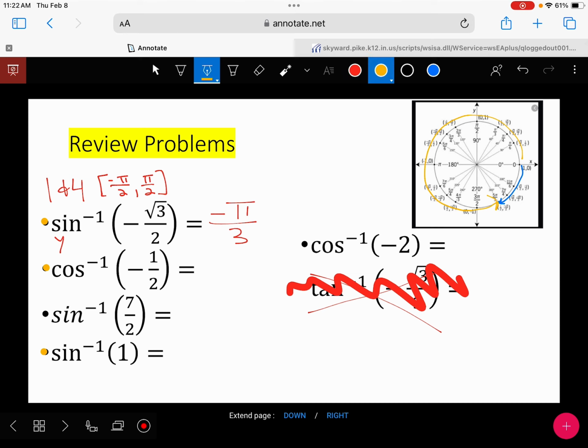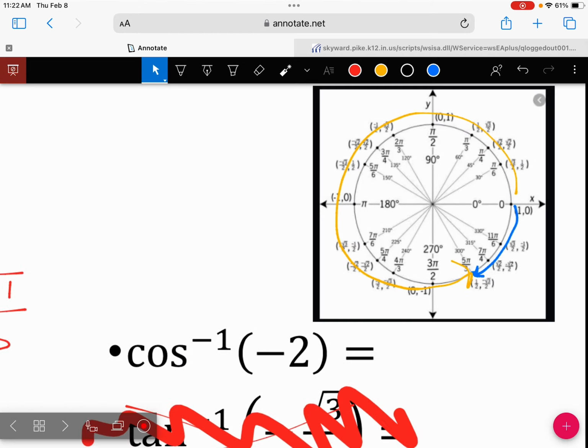Now looking at cosine, what's our coordinate for cosine? X or Y? X, yep. And which quadrants do we look at for inverse cosine? Yep, 1 and 2. It's either going to be in quadrant 1 or quadrant 2. The x coordinate we're looking to match up on our unit circle is negative 1/2.